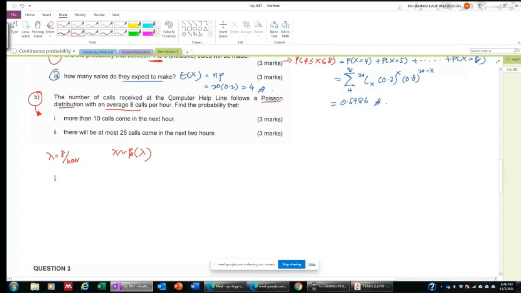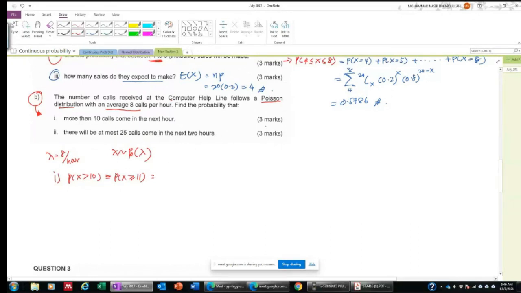So now we want to find probability of X more than 10. So probability of X more than 10 is basically probability of X more than or equal to, sorry, more than or equal to 11. 10 is not included, right?